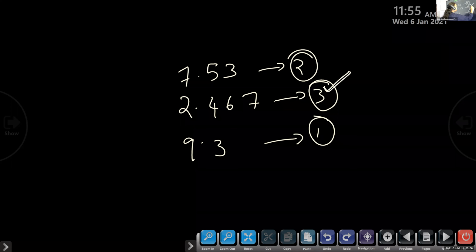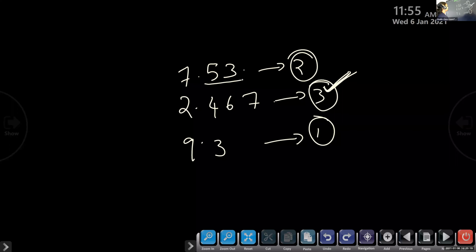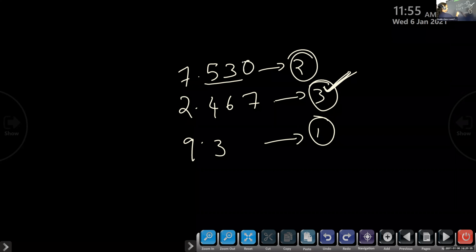So how many decimal places do we have? The maximum? 3. Okay. So children, in all the numbers, we should have how many decimal places? 3. So after 5.3, how many 0 do I have to add? 1 zero. 5.30, so that became 3 decimal places. Here already we have 3 decimal places, so no need to add 0. What about the last one? 2 zeros.